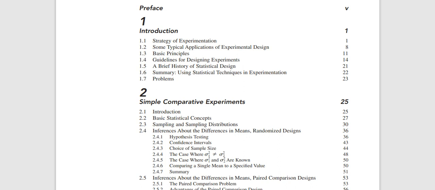So we say the purpose for design is to get data. For data, we have two kinds of data.